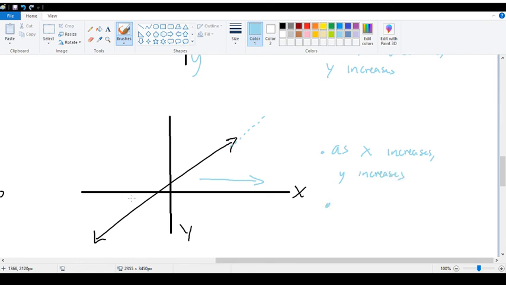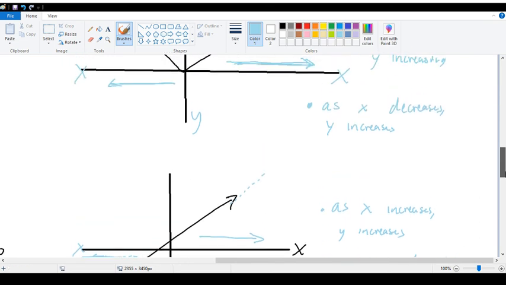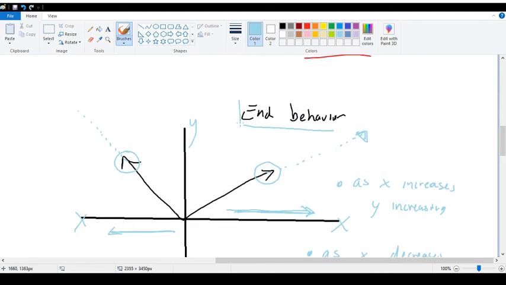All right, now let's look to the left. As I go to the left, as x goes to the left, as x gets smaller and smaller, so as x decreases, what happens to the y values? Well, they get smaller. We call this the end behavior.